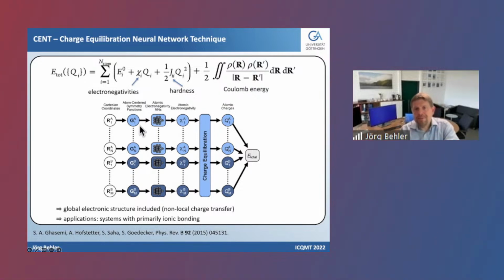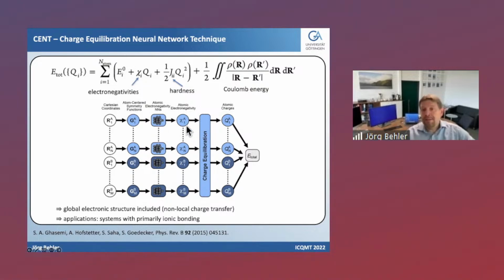And this scheme here looks very similar to the electrostatic part of the third generation machine learning potential, but there is a difference. This difference is that the charges are not directly the output of the atomic neural networks, but instead the charges are obtained in a global charge equilibration scheme, making the charges depend on the entire structure of the system.